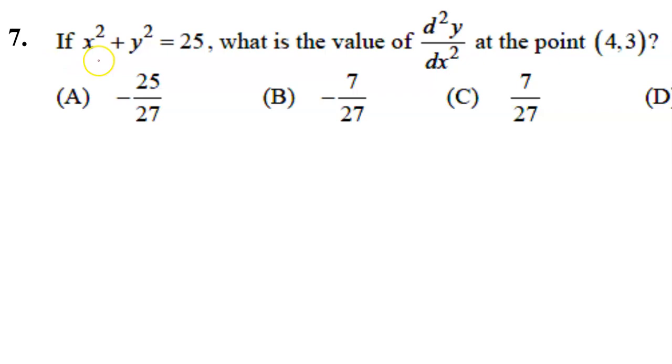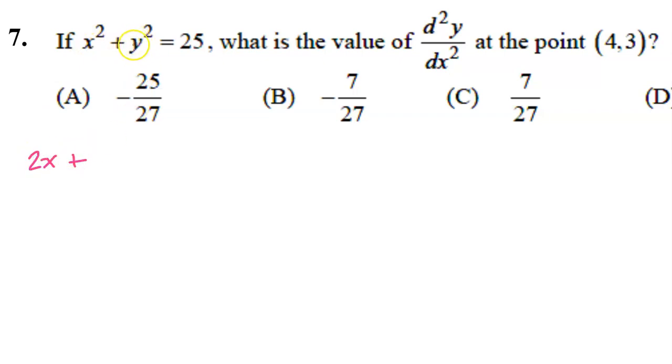Number 7, last problem. Given this function, what is the value of the second derivative at the point 4, 3? Well, first we must find the first derivative by implicit differentiation. So let's take the derivative term by term. The derivative of x squared is 2x.